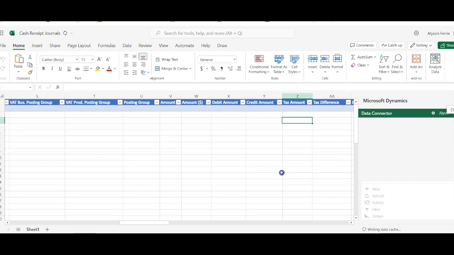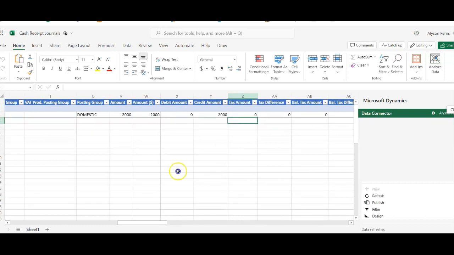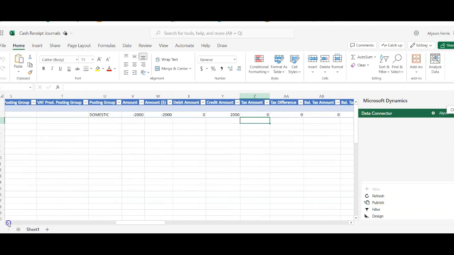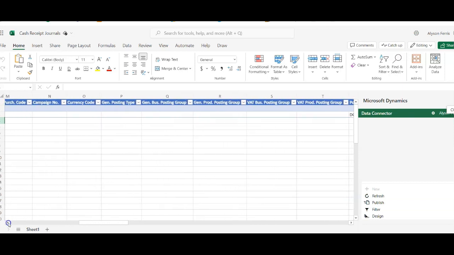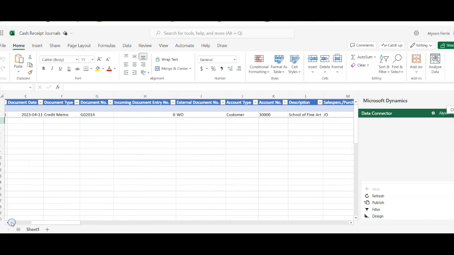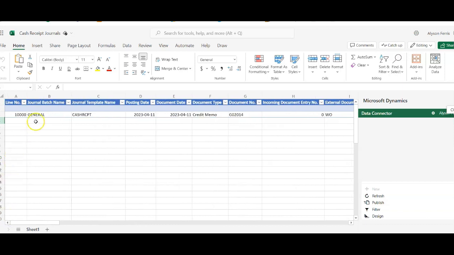Refreshing and pulling in my data from Business Central. And here you see the line that I entered is here. And this gives me the option where I can just paste in more cash receipts journal entry lines right here in the spreadsheet.